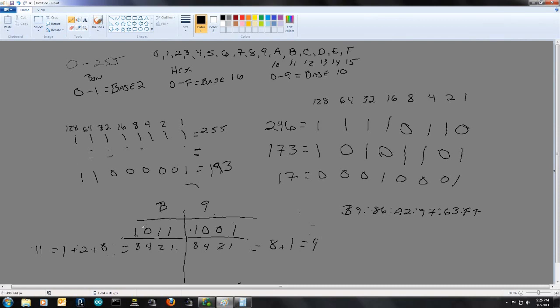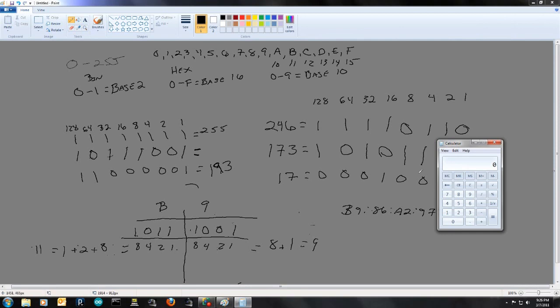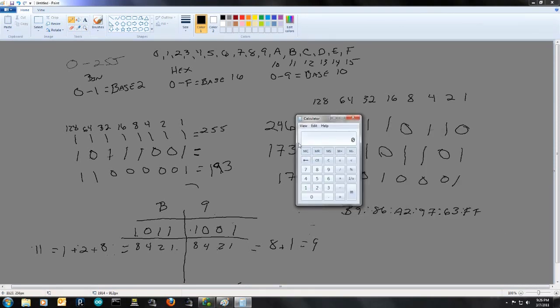So now let's bring this up here. So B9 in binary is 1011 1001. So we want to find out what that equals. So let's break out the calculator. We have 128, yes, plus. We have 64, no. We have 32, yes.